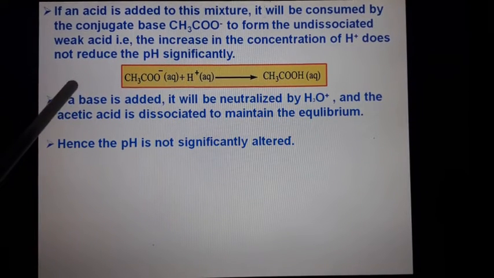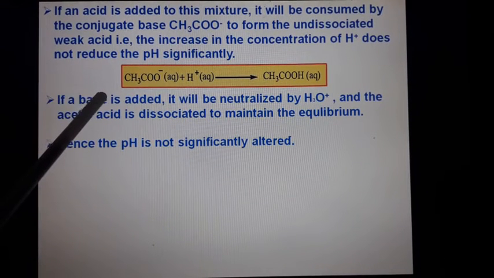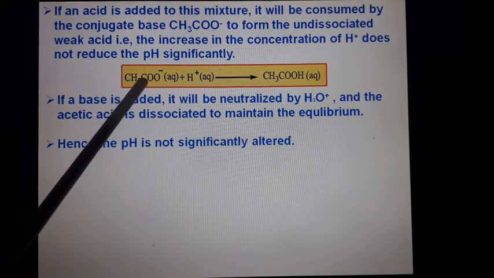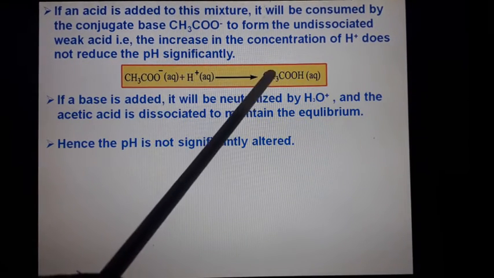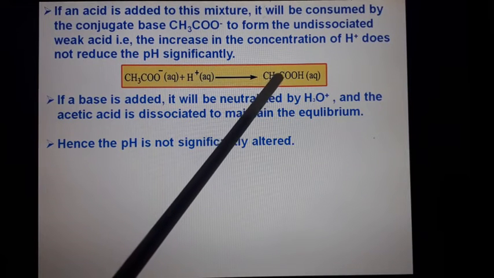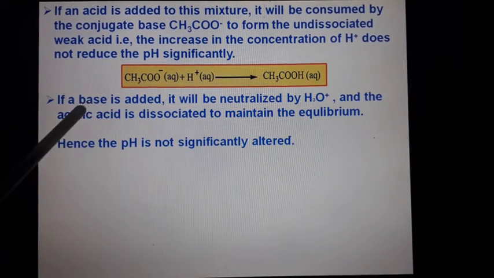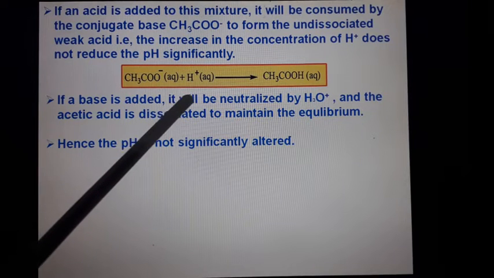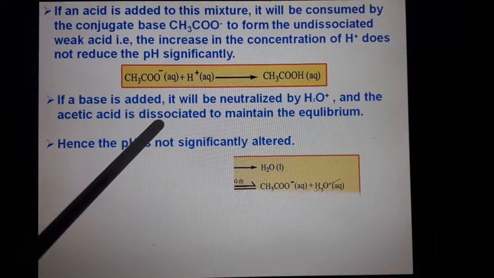Next, base is added. The CH3COO minus consumes H plus, and then again acetic acid is formed. If the base is added, it will be neutralized by H3O plus, and the acetic acid dissociates to maintain the equilibrium.